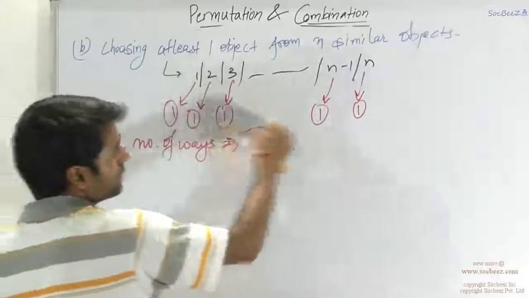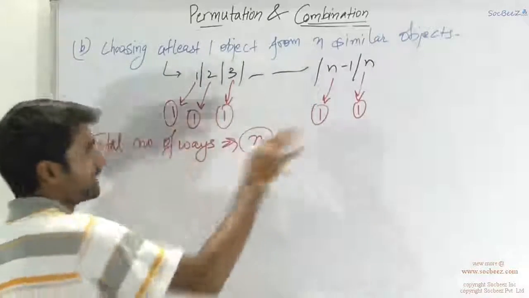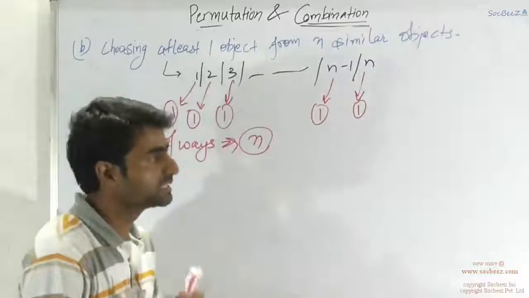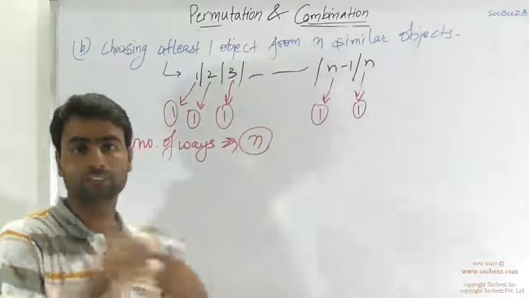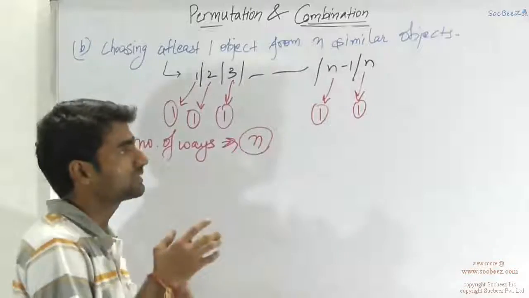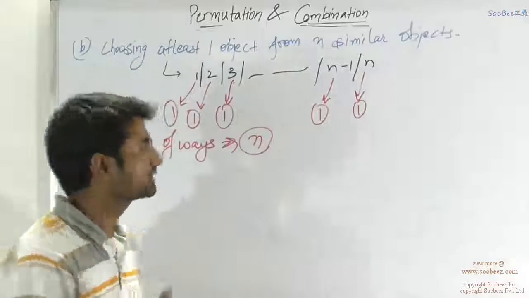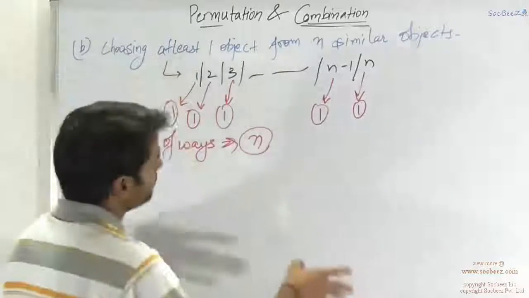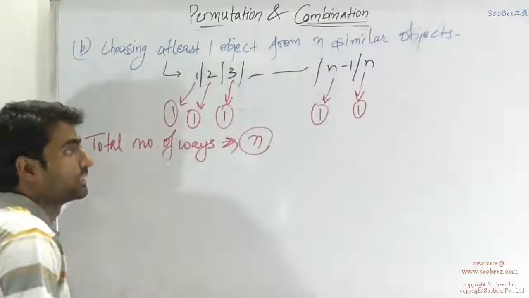That is 1 plus 1 plus 1 till 1, so it is counted n times. So the total number of ways is n ways, one corresponding to each number of objects you have selected. So if you had selected 3 objects, there is only one way to select 3 objects. If you chose to select 5 objects, there is only one way to select those 5 objects. So you have to choose at least one of them. So there are n such possibilities.